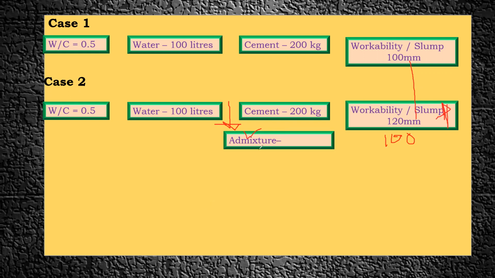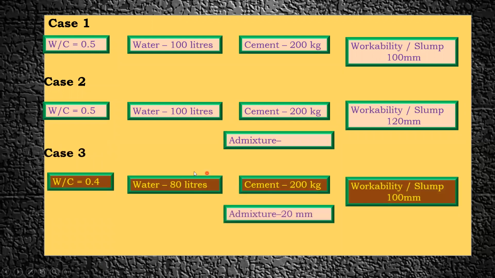So after listening to the admixture, in the next mix I'm going to reduce the water content. Let us say I've taken only 80 liters of water, because the admixture told me to reduce the water content. So from 100 liters I brought it to 80 liters, and the cement I've kept as 200 kg only.